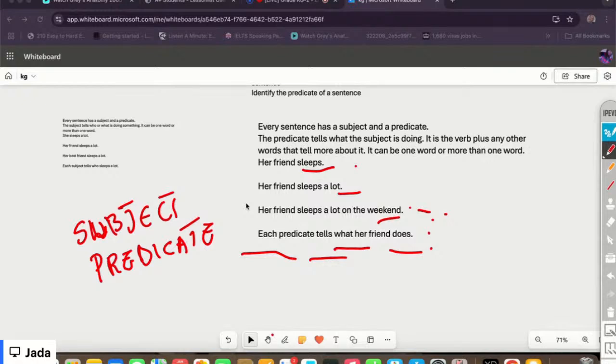You can send some examples on the chat. If you have any, yes, send them and then we can work with that also.